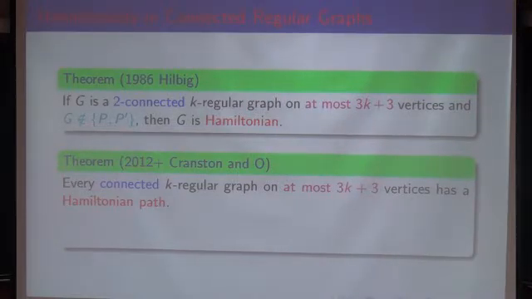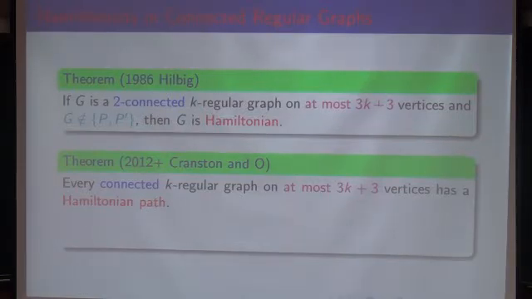And if there is a cut vertex v such that G minus v has at least 3 components, then you can show that the graph has to have at least 3k+4 vertices. So the only remaining case is that the graph has a cut vertex v such that G minus v has exactly 2 components.